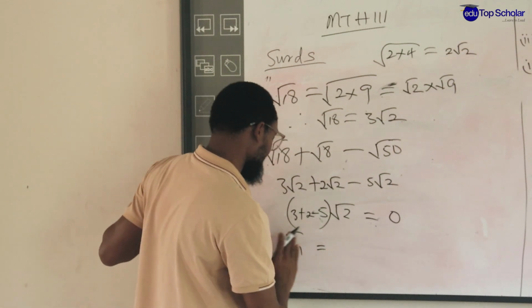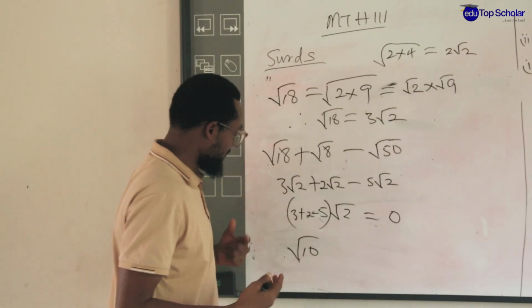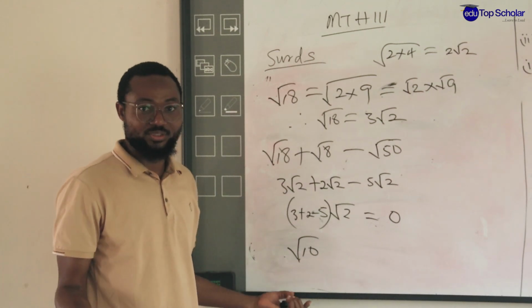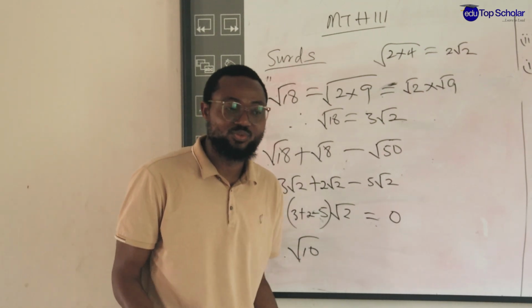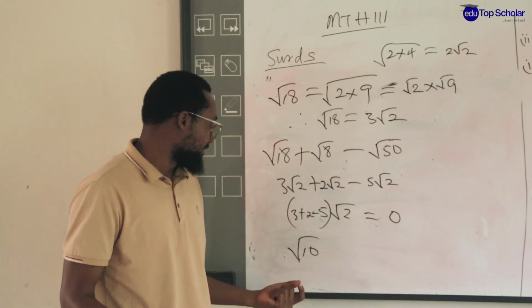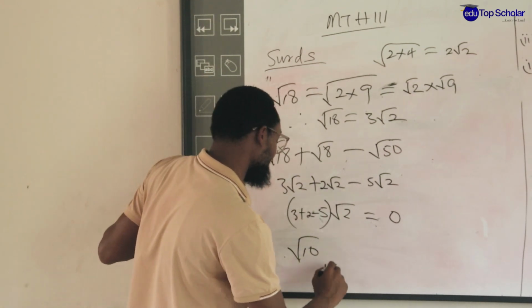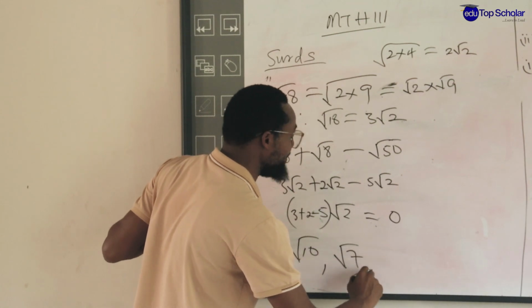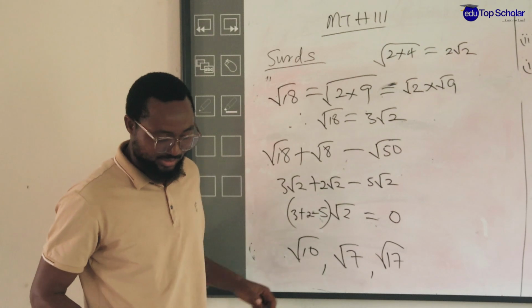For example, if we have root 10, what can we reduce root 10 to? Nothing. Because when you say 2 times 5, 5 does not have a perfect root, and the same way, 2 does not have. So these are basic surds that cannot be reduced. And so on like that.